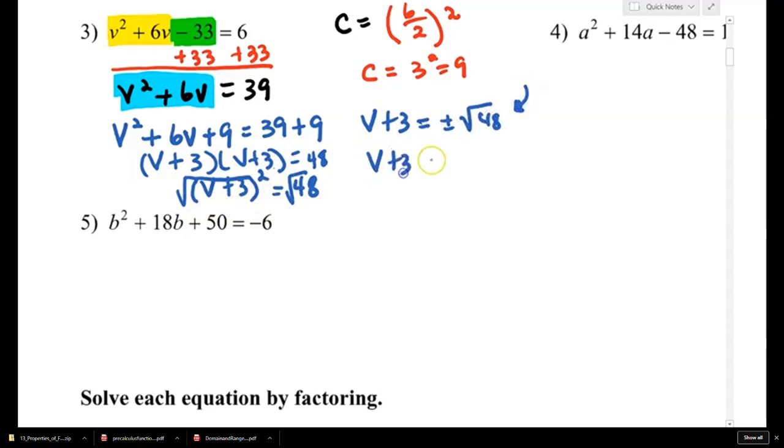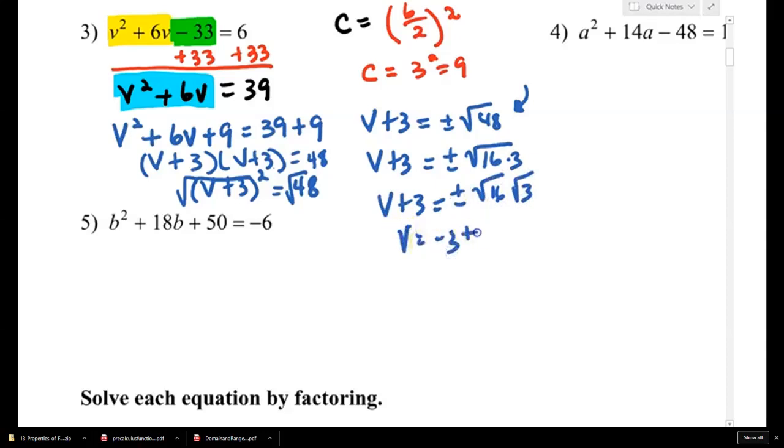V plus 3 is equal to plus or minus square root of 16 times the square root of 3. Subtract 3 from both sides, so V is equal to negative 3 plus or minus 4 square root of 3.